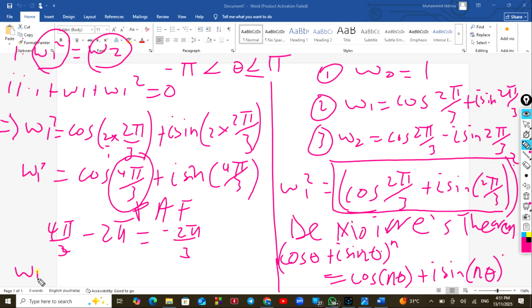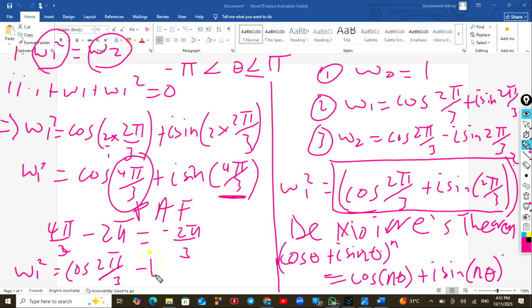So our W1 square will be equal to cos of 2 pi over 3, because cos is an even function, so both negative and positive will still be the same. The negative will affect the sign of sine because it is an odd function.